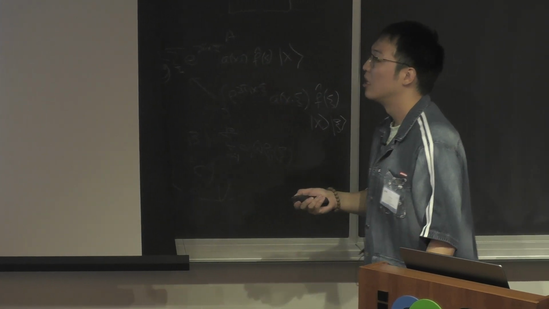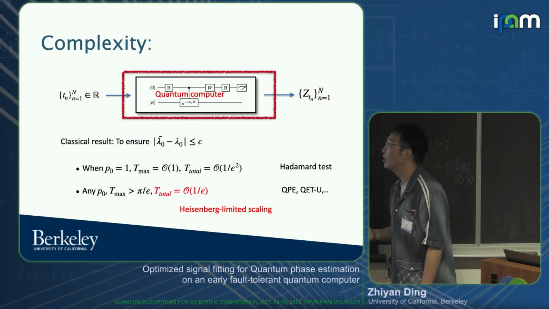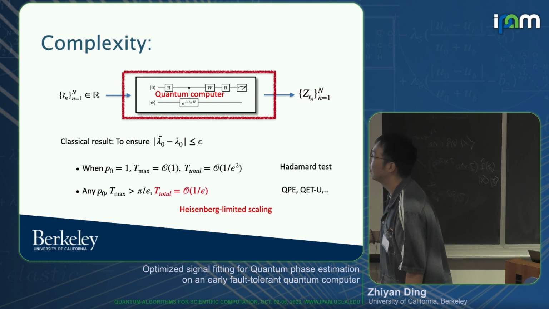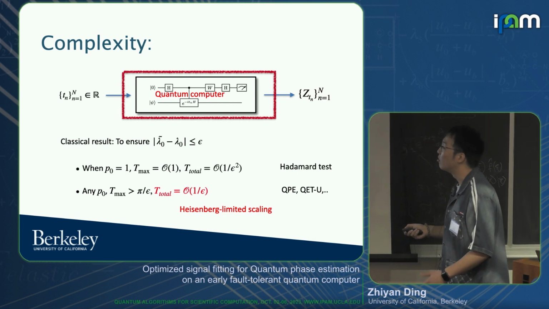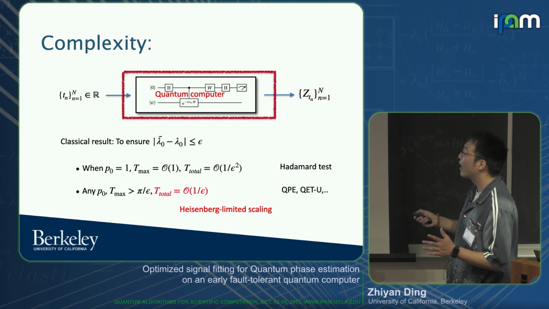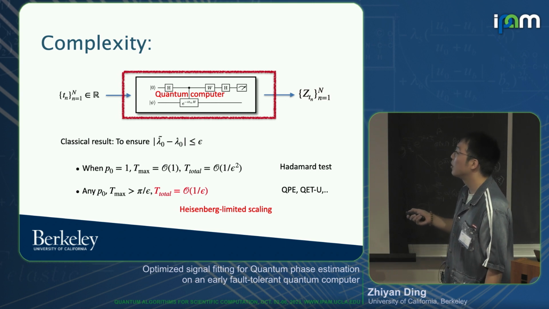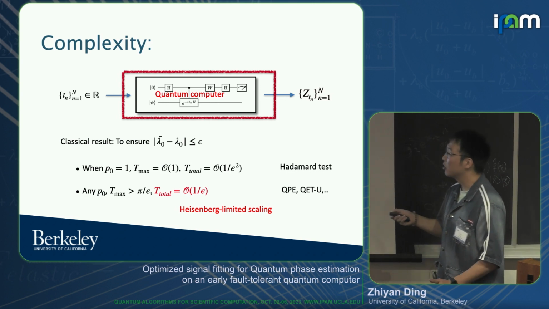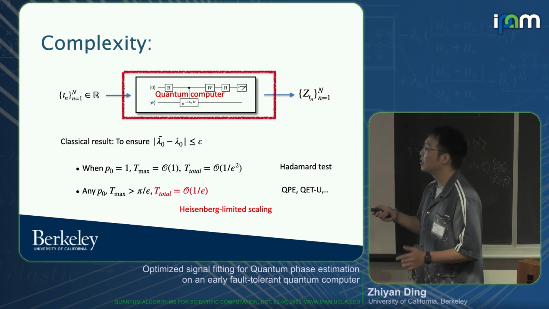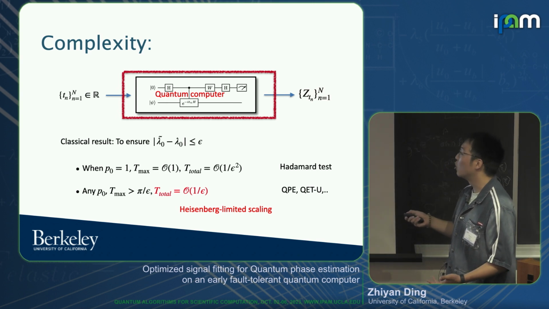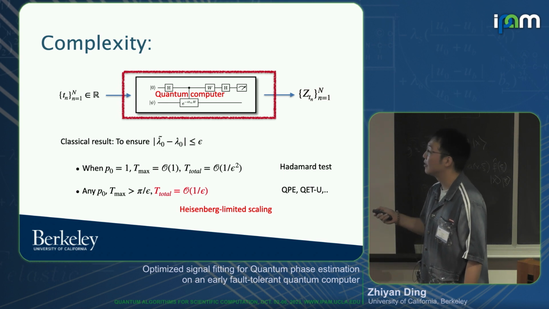There are a lot of classical results for the quantum phase estimation. Here I gave two particular examples, to get epsilon accuracy for the ground state energy. One method is called the Hadamard test.